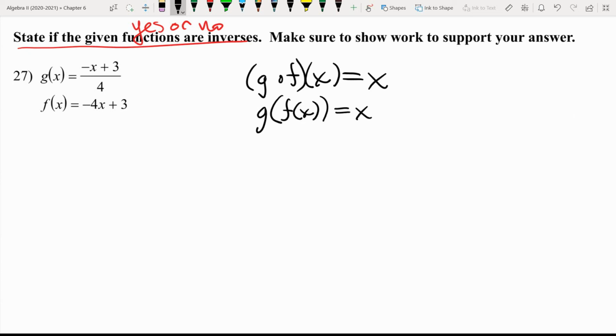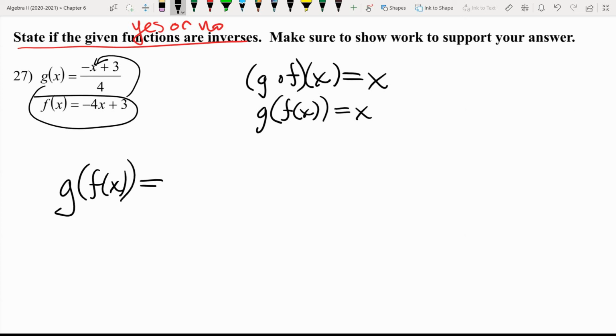So if I take this whole thing and plug it into this x here, so g of f of x, it's going to be a negative. Now replace the x with a negative 4x plus 3. That's what this was here. But then rewrite the rest of g of x. So there's a plus 3 and there's a 4 on the bottom. And then we just simplify it. And if we end up with x, then they're inverses.